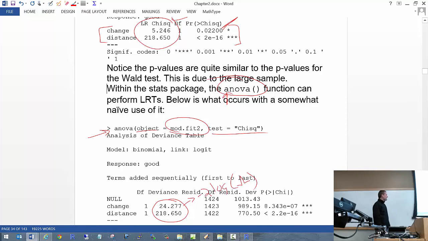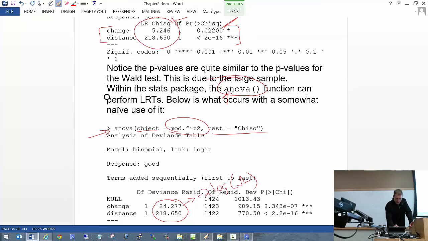They're on the same page now. They're not exactly the same. The one for distance is. And this is doing the test that we want. Given that change is in the model, let's evaluate whether distance has an effect on the probability of success. So in other words, it's testing β2 = 0 versus β2 ≠ 0.